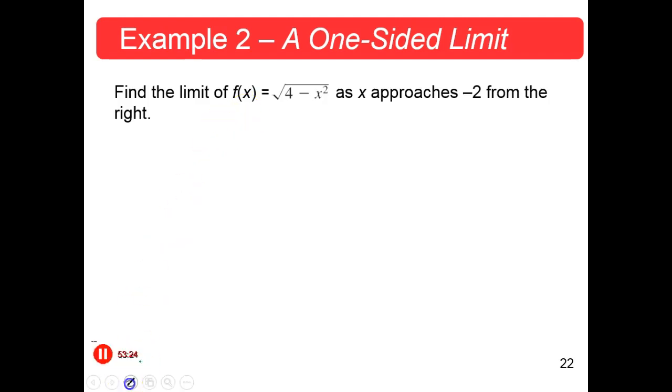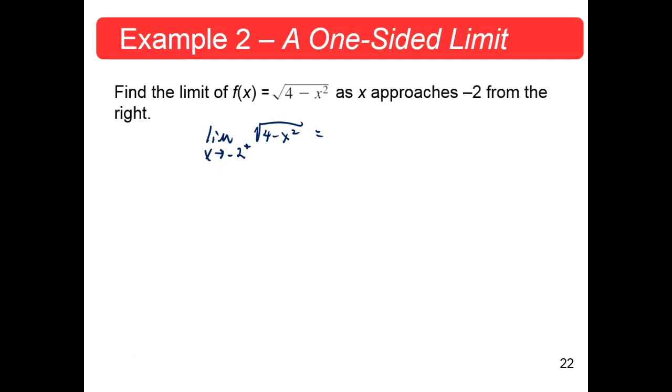Let me get out of green. We're looking for the limit as x approaches negative 2 from the positive side, from the right-hand side, of the square root of 4 minus x squared. What would you attempt to do? Plug it in. Yeah, let's try it.